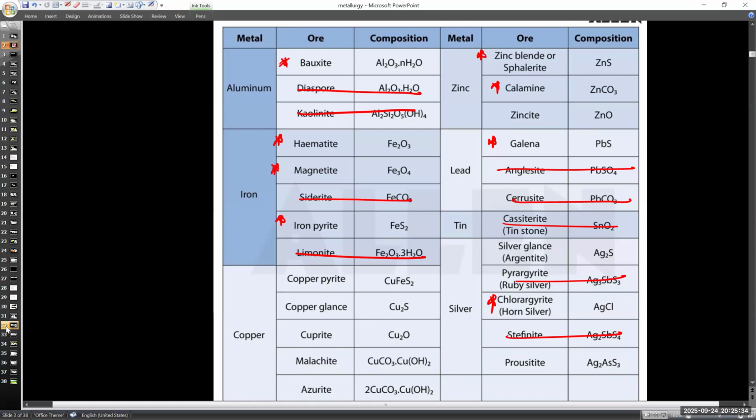Bauxite, hematite, magnetite, iron pyrite, zinc blende, calamine, galena, and the silver ores. Okay, note these are very important.